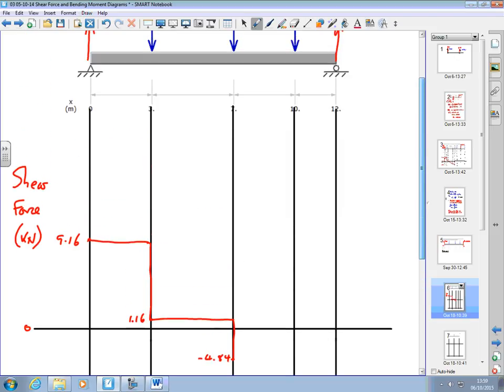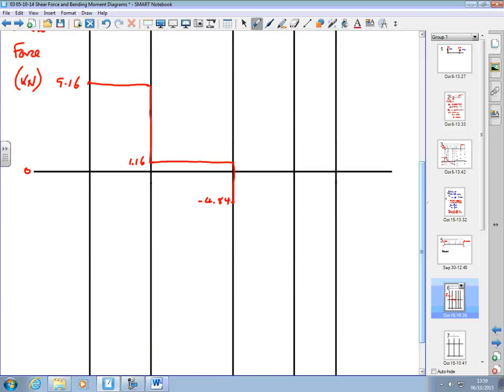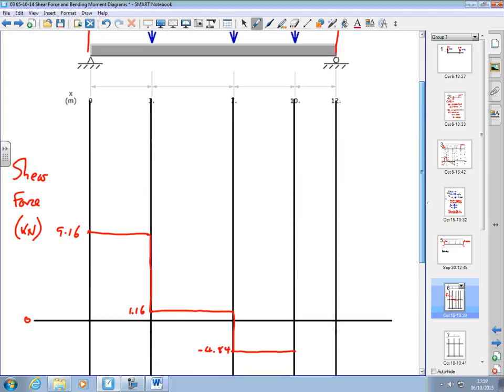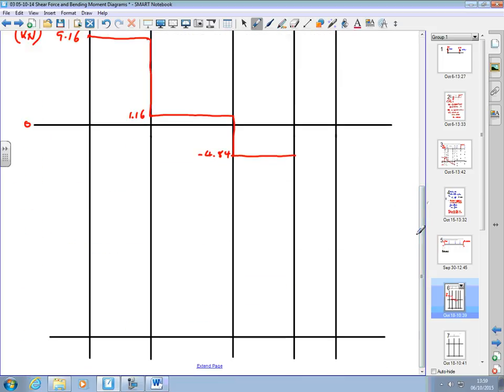And then nothing happens until we get to the 4 kilonewton mark. And then we go down another 4, which takes us to minus 8.84. Across, and then the reaction force up takes us back to 0 again. 8.8, but that's a rounding issue, isn't it?